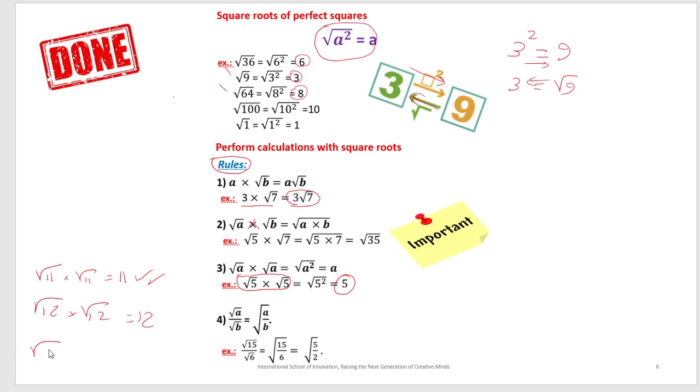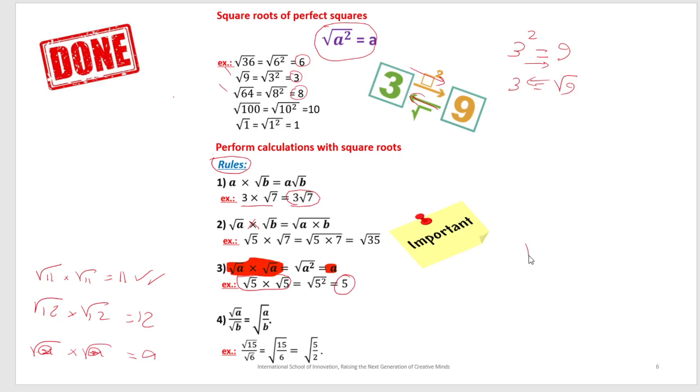Radical a times radical a equals a. Did you see? This is the formula, and it is very important. So radical a times radical a is equal to what? Equal to a.